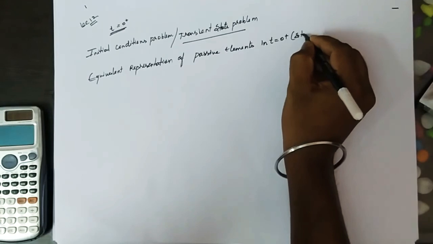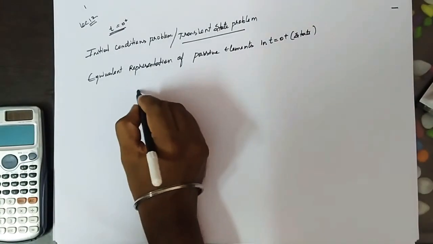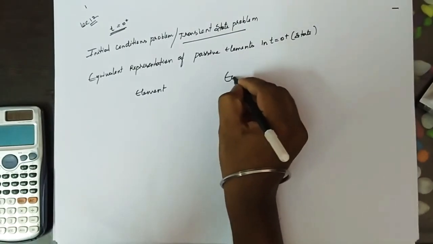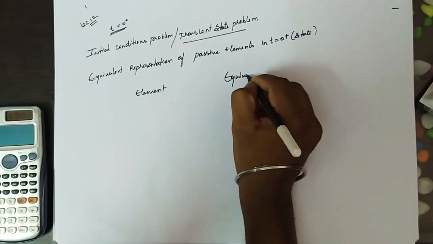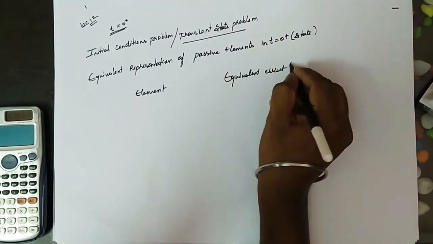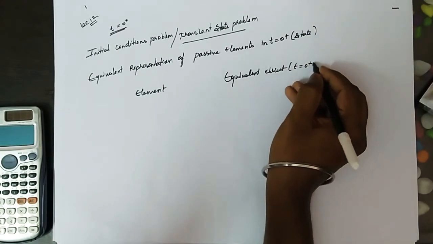That means immediately after the switch is on. So this is the element, and this is the equivalent circuit at t equal to 0 plus.